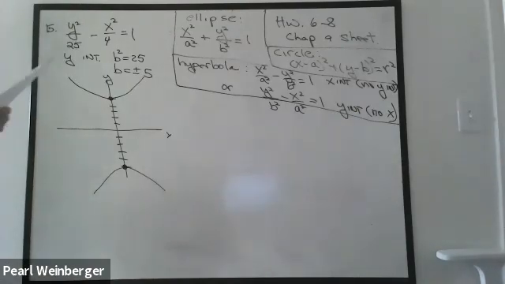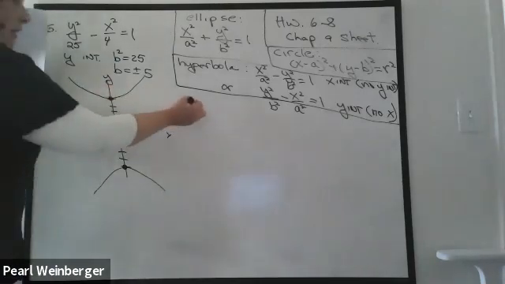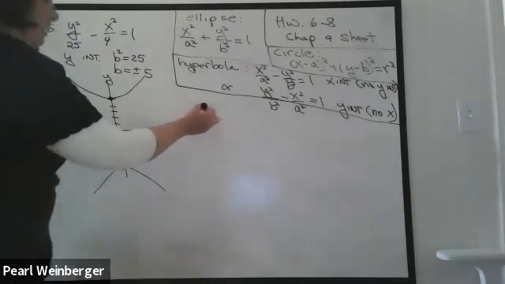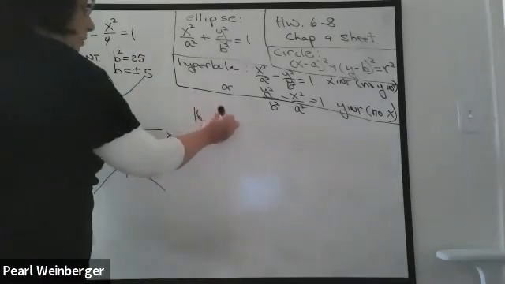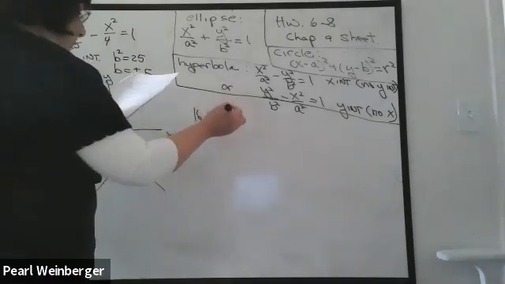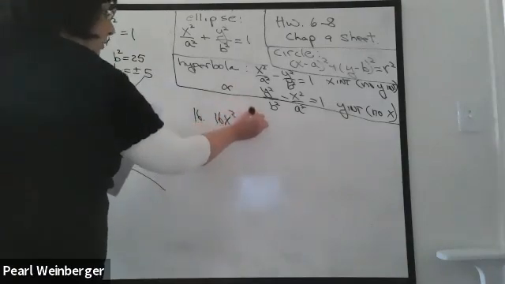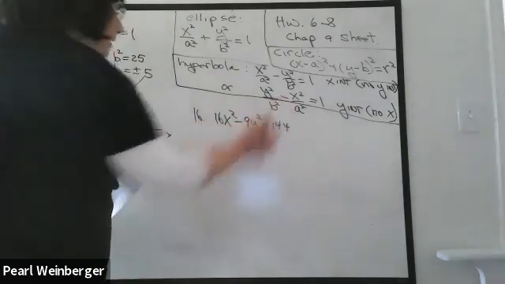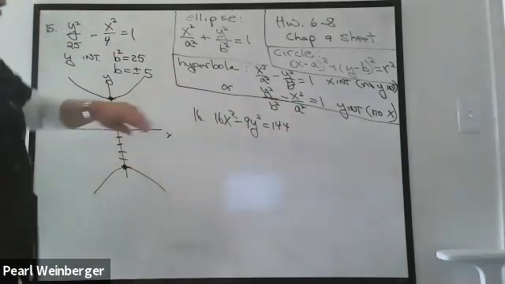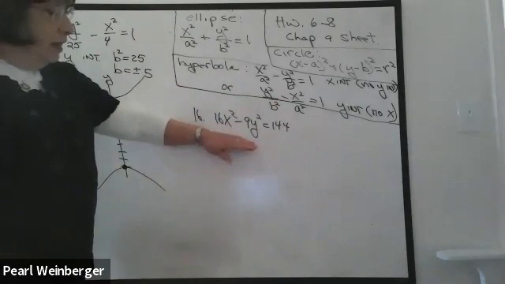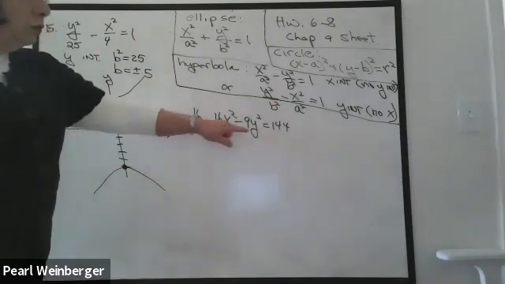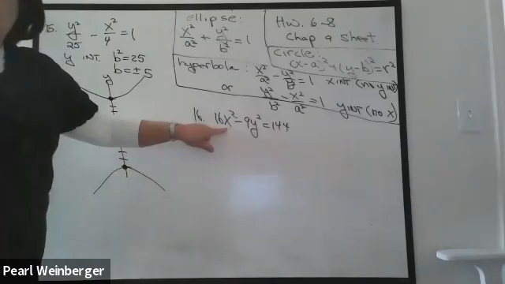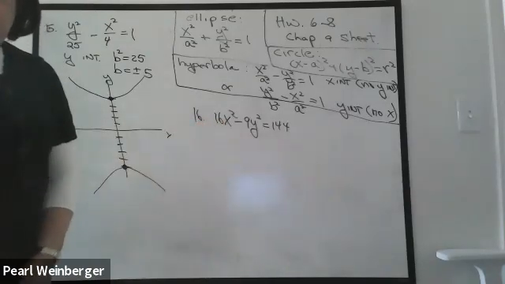If I gave you example number 16, we have 16x squared minus 9y squared equals 144. I recognize this as a hyperbola because I have an x squared and a y squared term, but the sign of one is positive and one is negative.